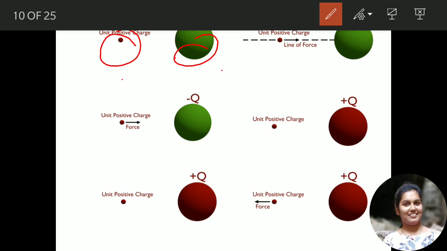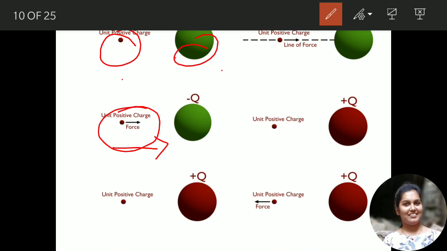According to Coulomb's law, the unit positive charge will experience an attraction force towards the center of the said negative charge. So here we can see that this unit positive charge, which is placed near the field of a negative charge, will try to move towards the negative charge.